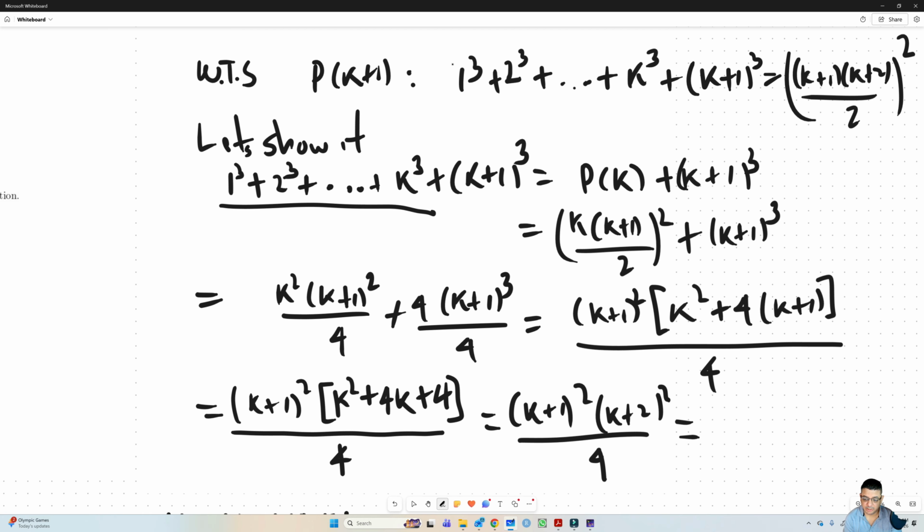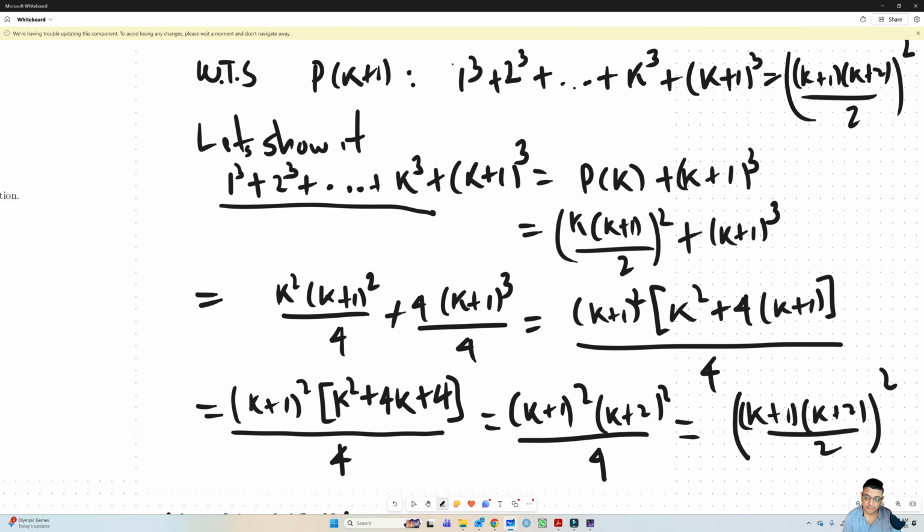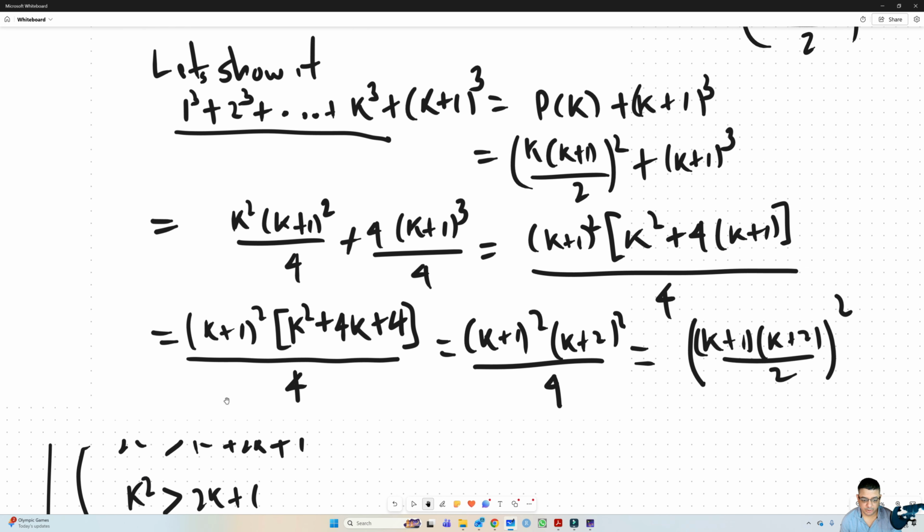And so essentially with this, we have proven that this is going to be k plus 1 times k plus 2 over 2, everything squared. So we just proved the k plus 1 condition.